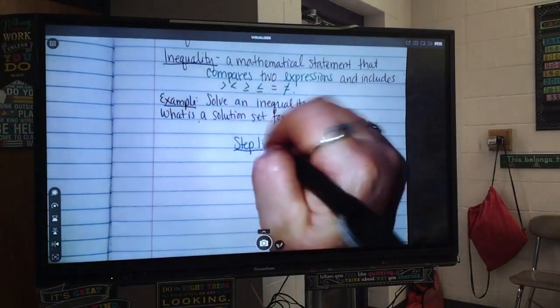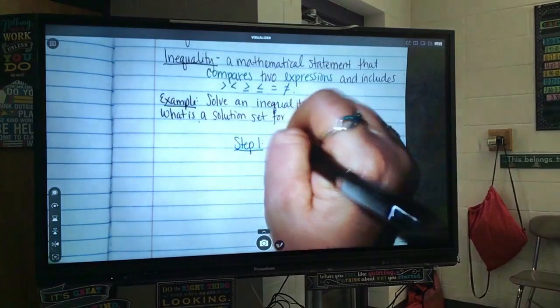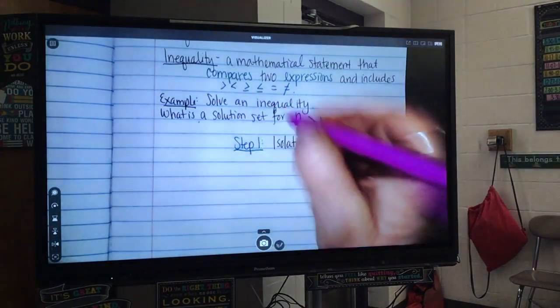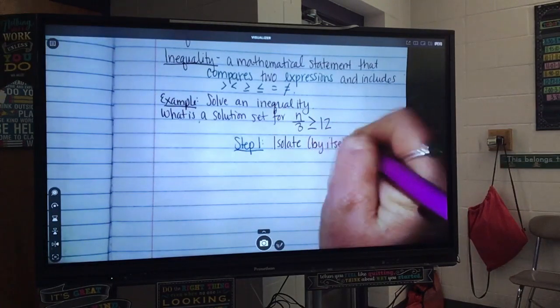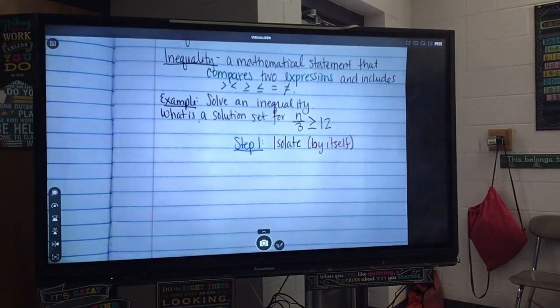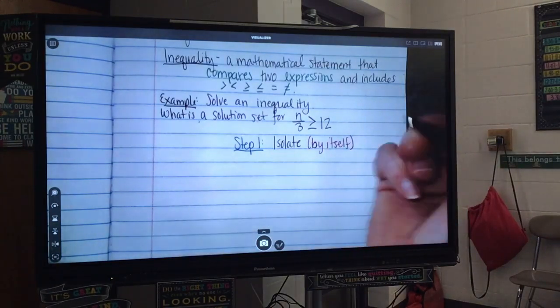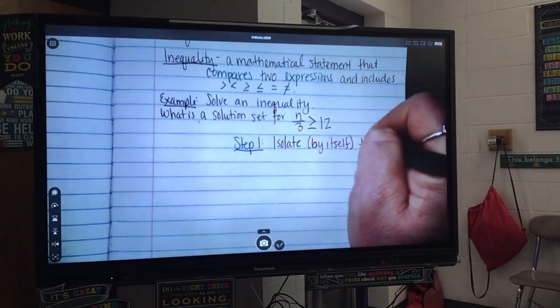So step 1, you need to isolate the variable by itself to one side. If I walk around and see y'all not changing colors, I'm gonna be hot.